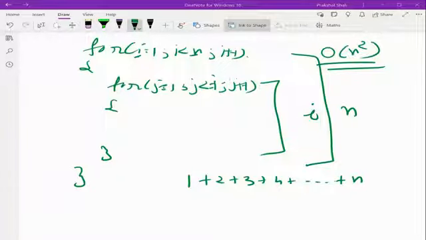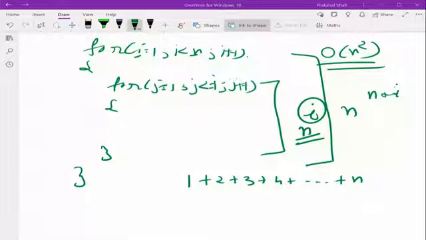So therefore we can bound the number of code executions by saying that it executes more than n times. But in terms of n, how many times are we executing the code? Mathematically we can say we are executing this n into I times, so therefore our big O bound is n square here.